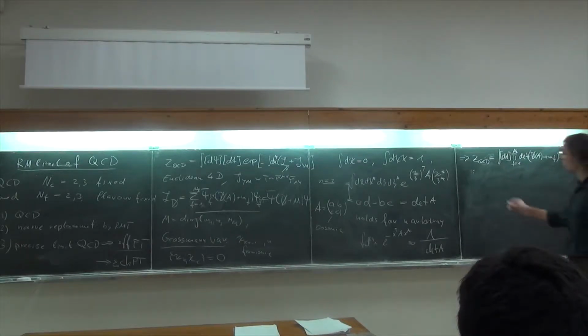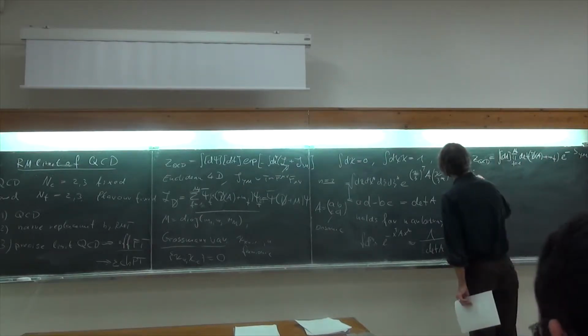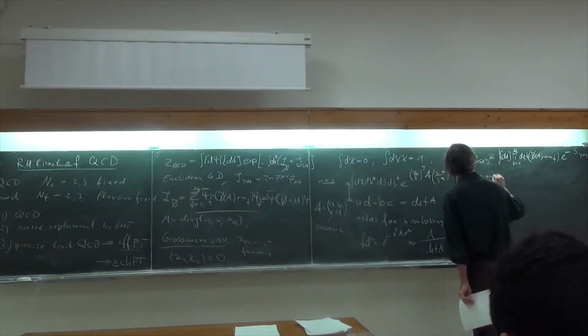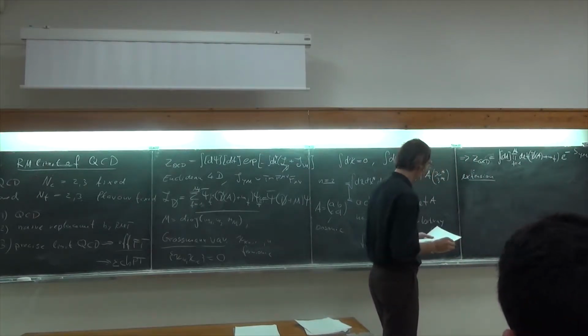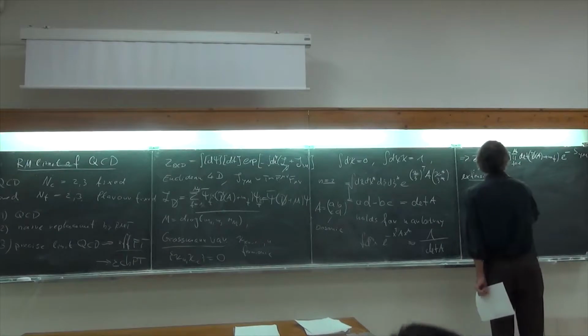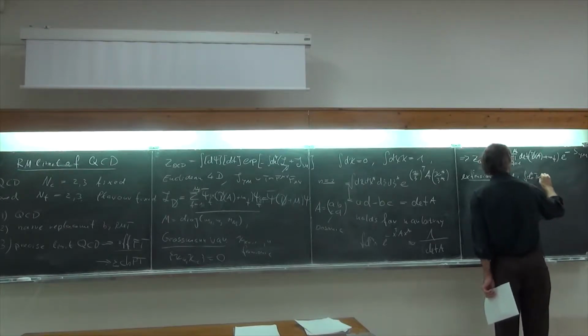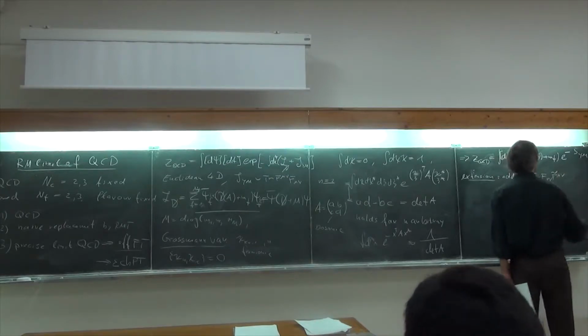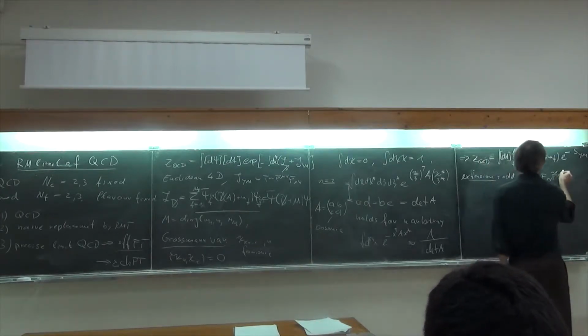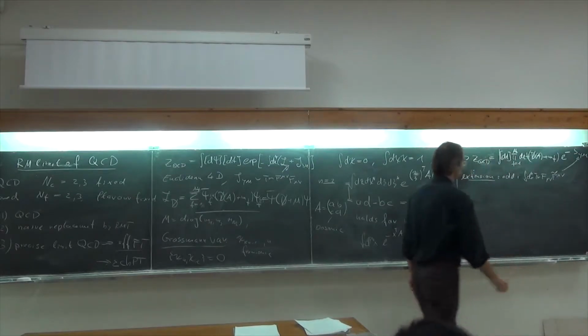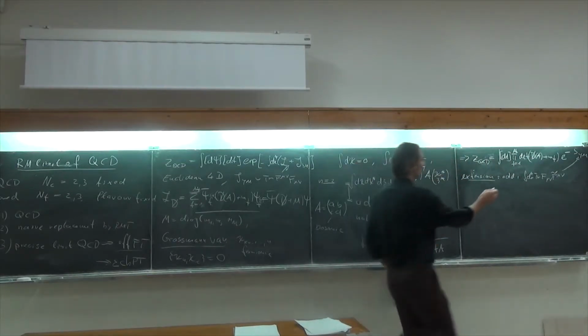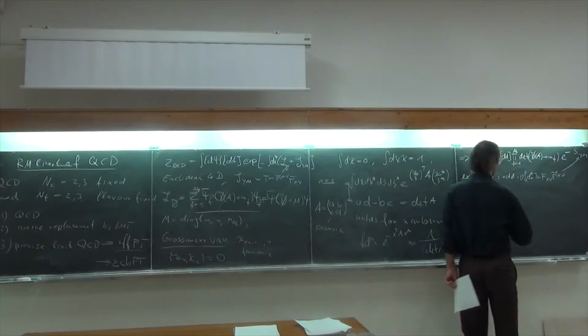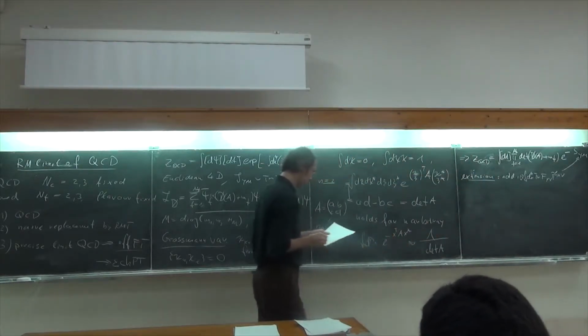Now I want to make another extension of QCD, that is adding a topological term, theta over 8 pi^2 times the integral d^4x trace F_mu nu dual to F, to the action. And I want to have a parameter here. Let's call it theta. Theta should be an angle.